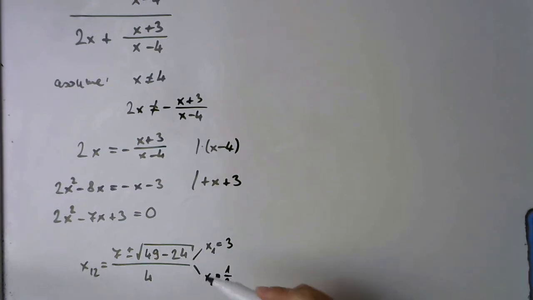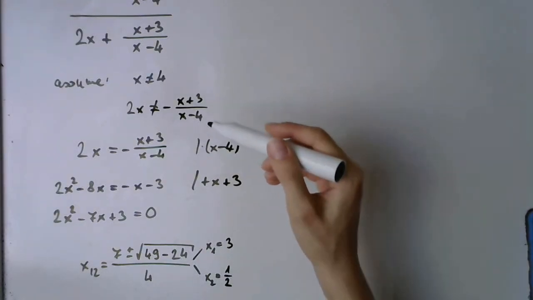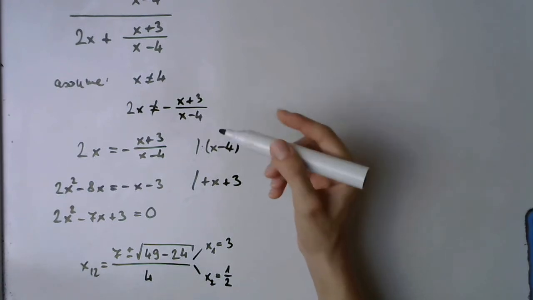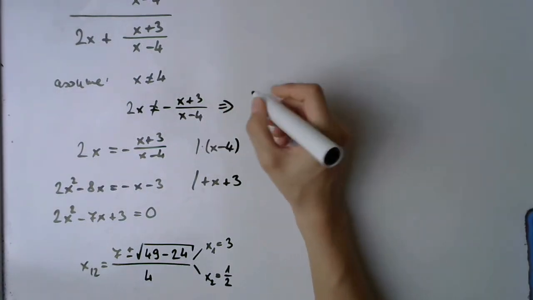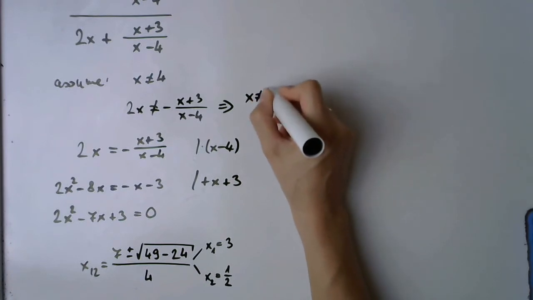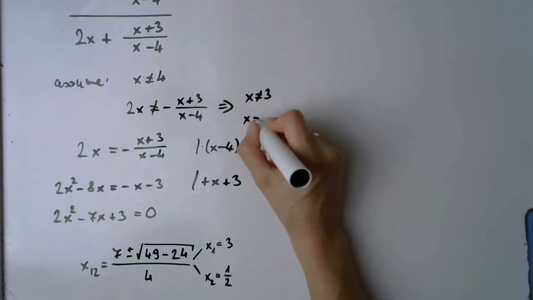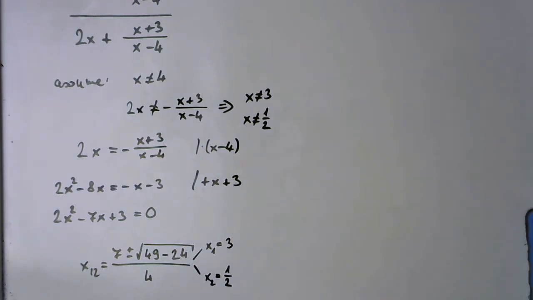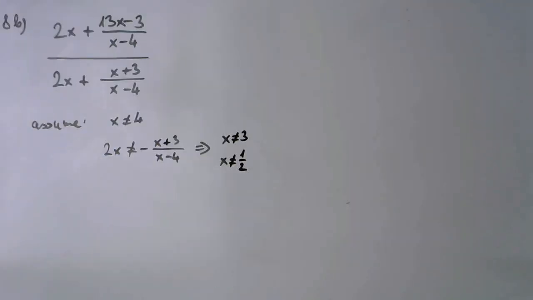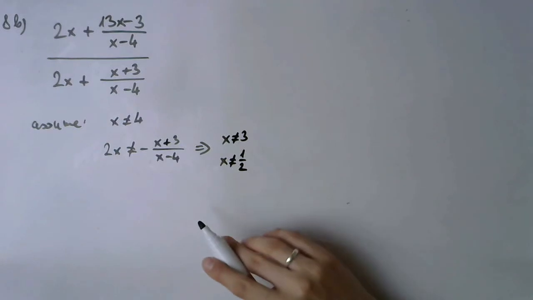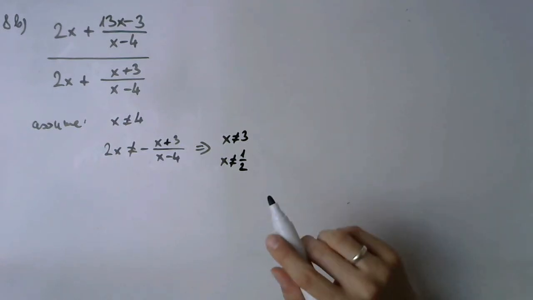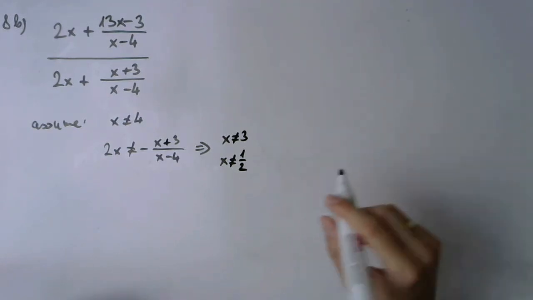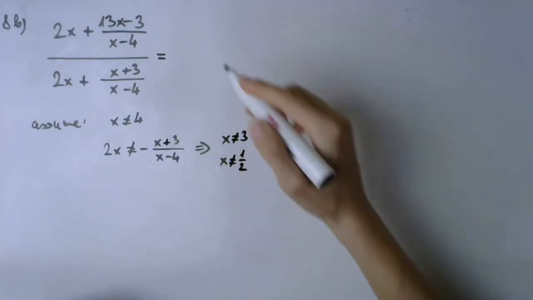So I can get back to the assumptions. I assume that x does not equal 3 and x does not equal a half. Now I have cleared some space here. We have the assumptions down, so let's go to the next step.